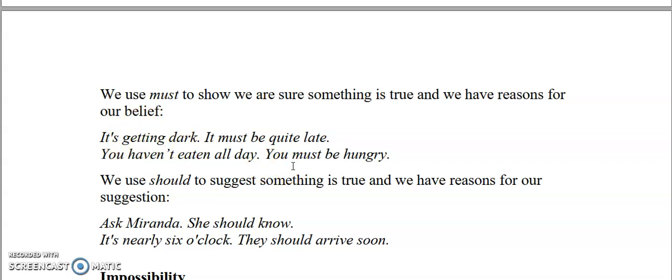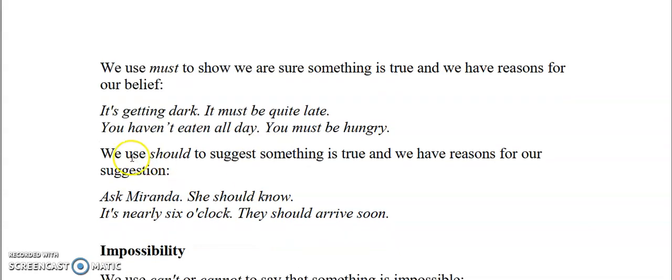For instance, I look at my friend and I see him pale, so I think that he didn't get enough sleep. So I would say, you must be sick, or you must be in need of sleep, etc.